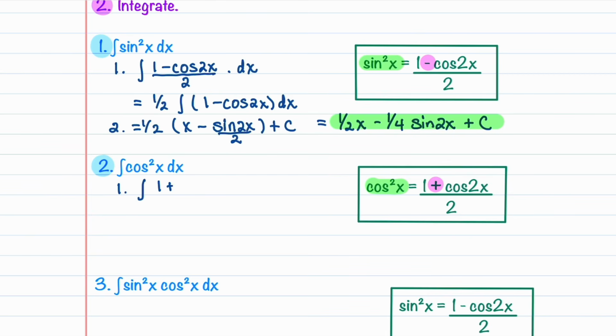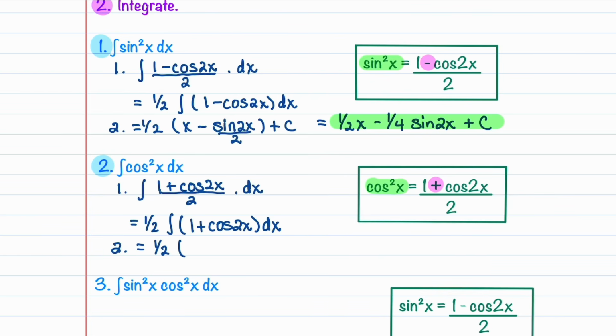We have (1 plus cosine 2x) all divided by 2 times dx. I am going to take the 1/2 out in front, and we have 1 plus cosine 2x dx. Our second step is to integrate this. Our 1/2 comes along for the ride. The integral of 1 is x.